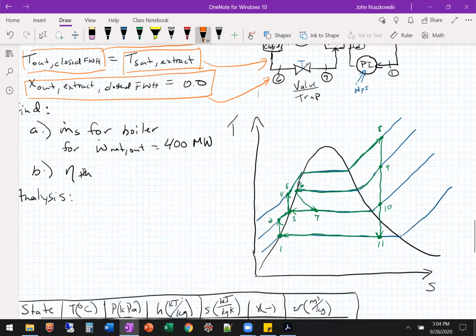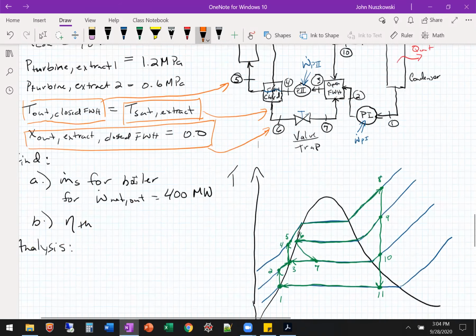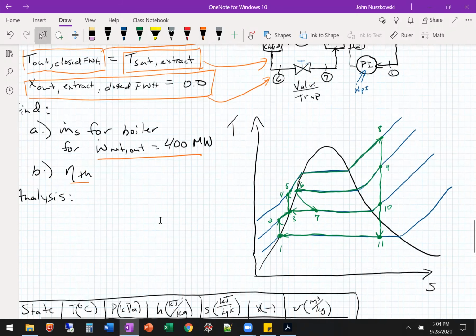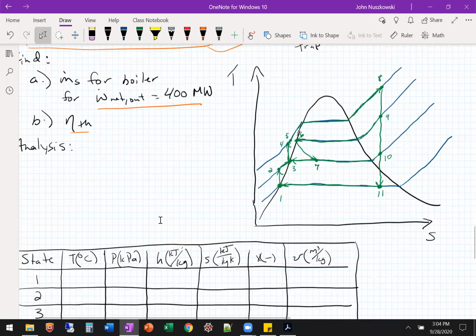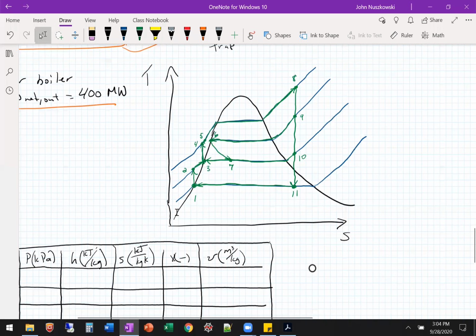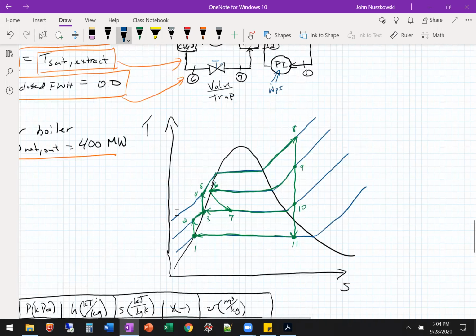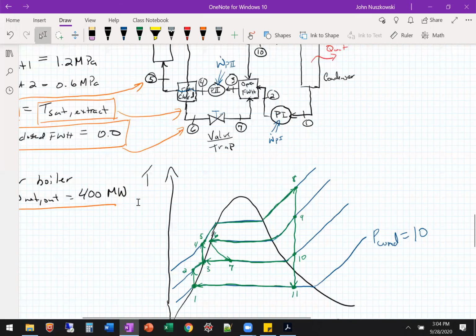All right, so then the problem, we're looking for the mass flow rate of steam for the boiler, and they give us a net power output, okay, and a thermal efficiency. We did our TS diagram, okay, so we have our low pressure, so this is the condenser pressure of the 10 kPa.